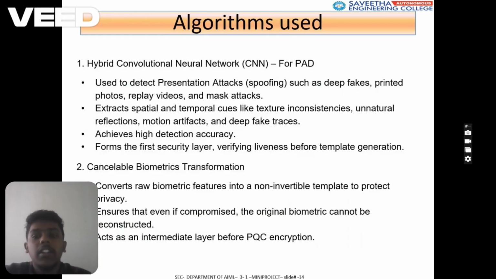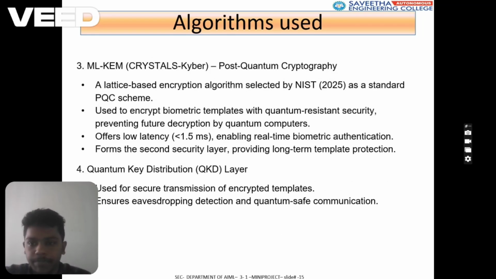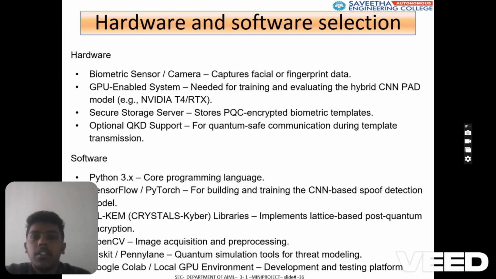These are the algorithms that we have used: hybrid convolutional neural networks, cancelable biometrics transformation, ML-KEM, and quantum key distribution layer. What kind of hardware and software have we used? For the biometric sensor, we use a camera.